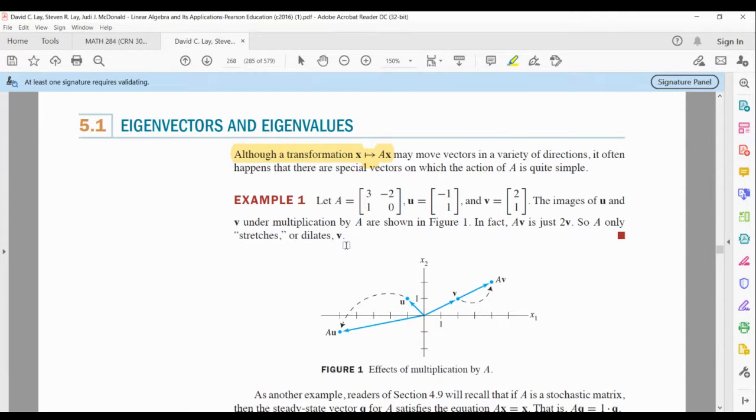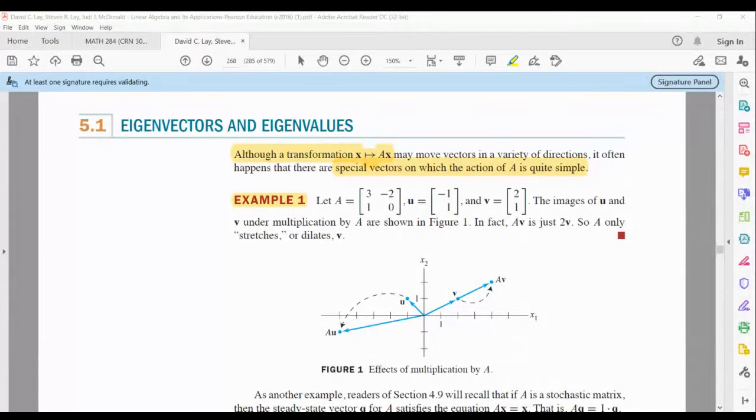Well, in this section, we're going to talk about special vectors on which the action of A is quite simple. In example one here, we have a matrix A, which has values 3, -2, 1, and 0, and we have two vectors, a vector u and a vector v.